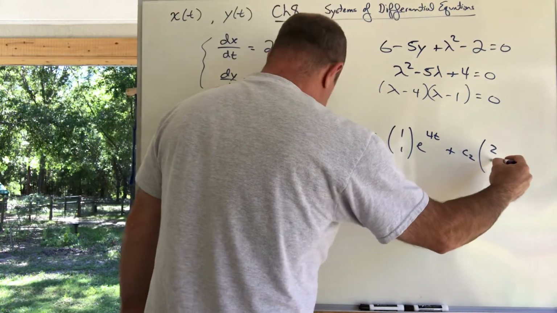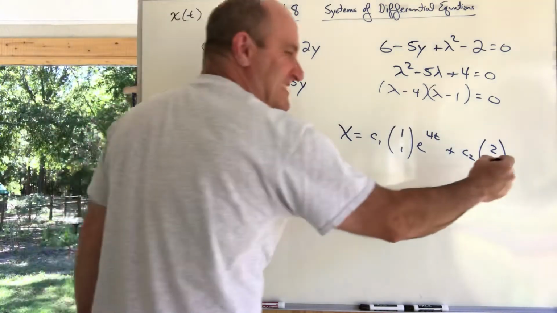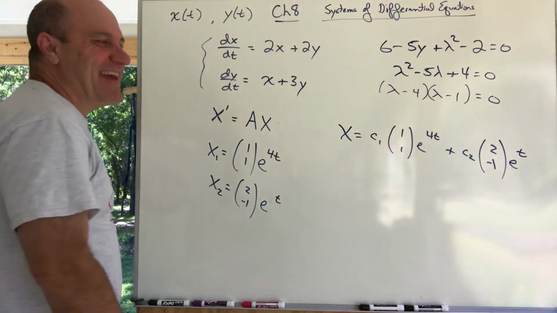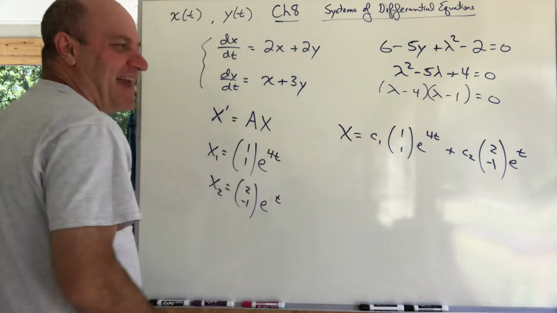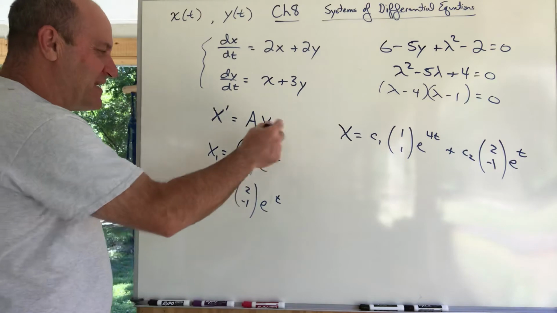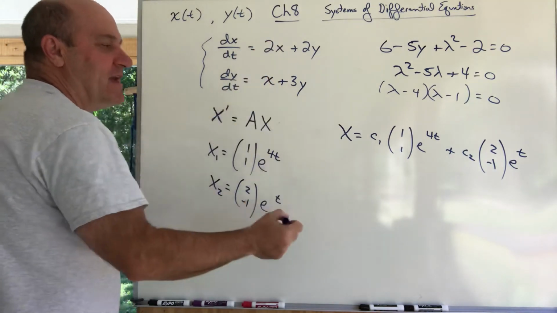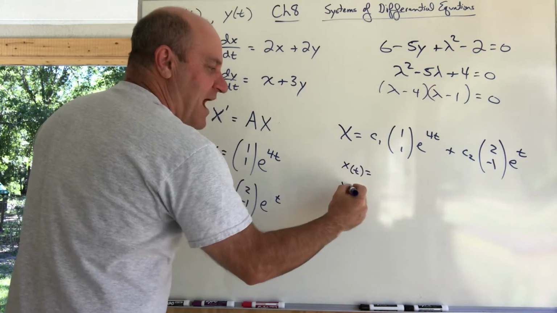So if I had some initial conditions, I could find c1 and c2. And so what is this? Remember, this is big capital X. And so what's big capital X? Big capital X is the unknown x and y. So what we have here is x as a function of t and y as a function of t.